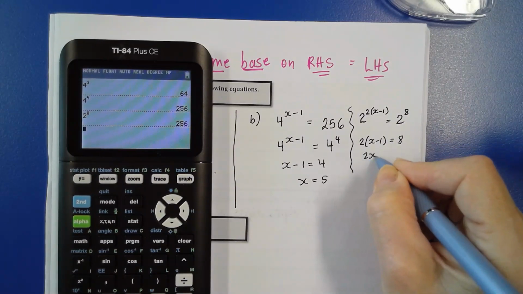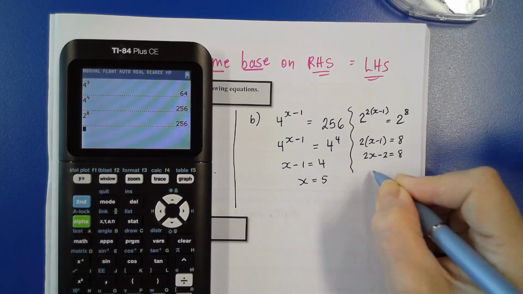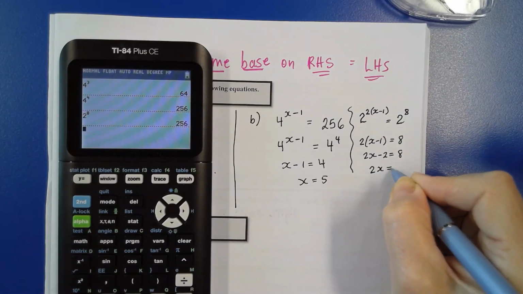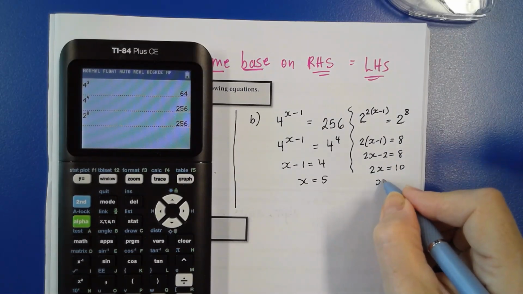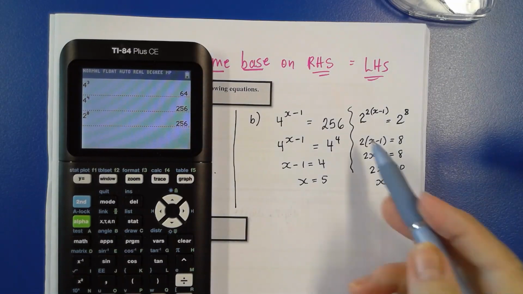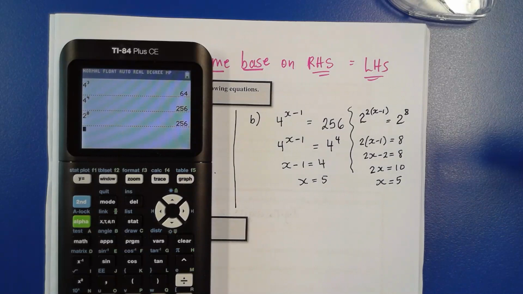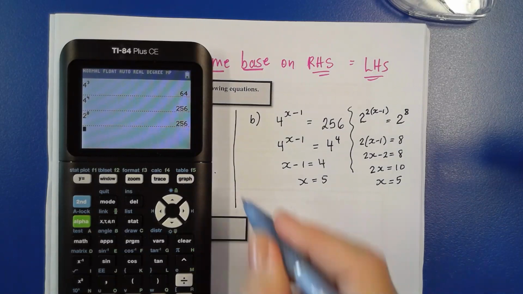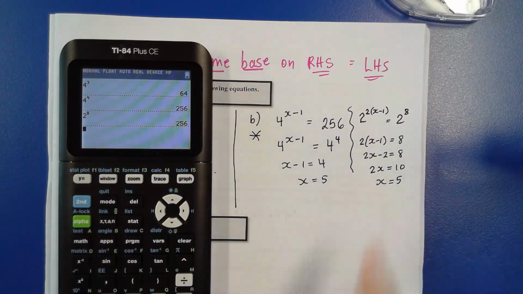And again, I just get the same thing. I know you wouldn't do this because it's harder, but sometimes you have to do it. As long as I get a base where they're the same, then that's okay. This is definitely the way to do this problem, but if you did it that way, it would be right.